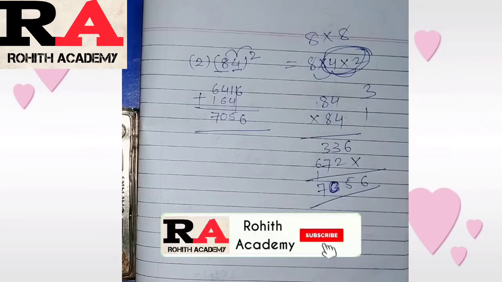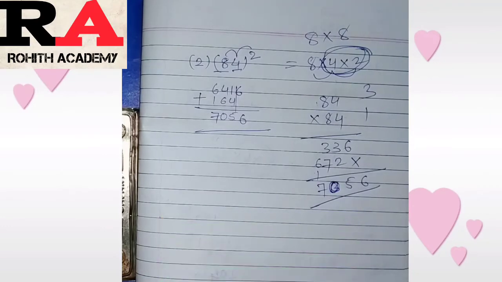You understood, hence the answer is correct. The square of 84 is 7056. This is the best and easiest way of finding squares from 1 to 100.